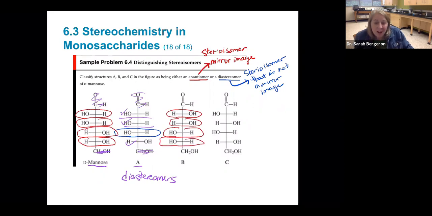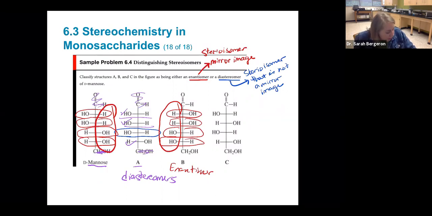So look at this, I circled all of my chiral carbons. That must mean that these are enantiomers, because if I look at everything here, H, HO, H, and I look here, H, HO, H, everything's been flipped. That's a mirror image, that's an enantiomer.